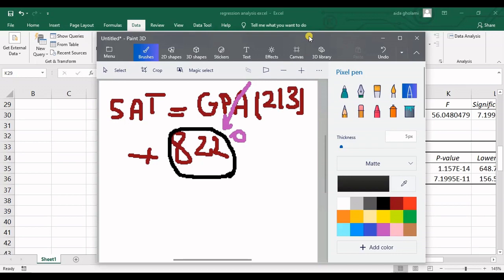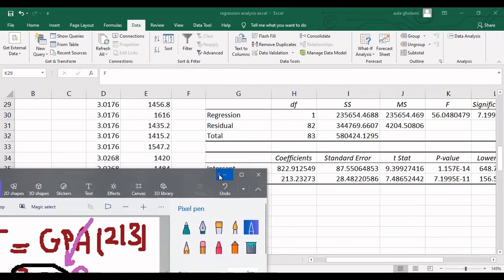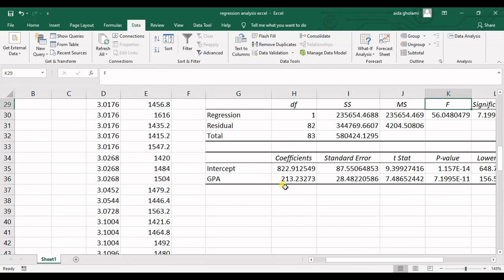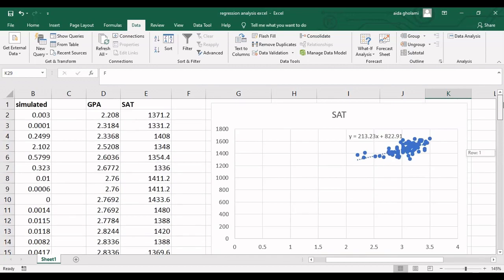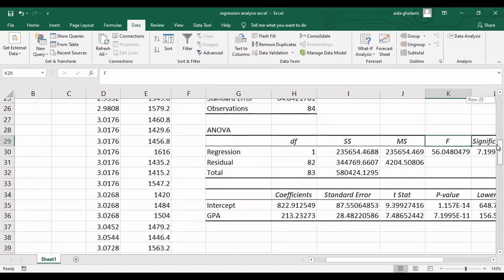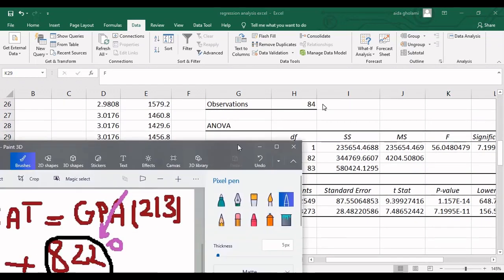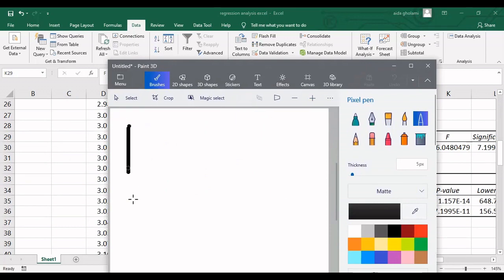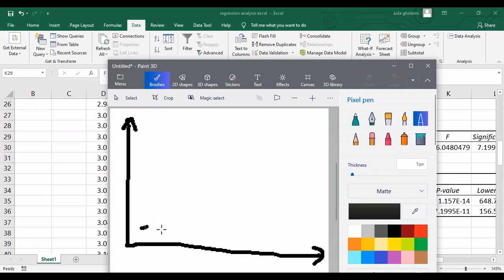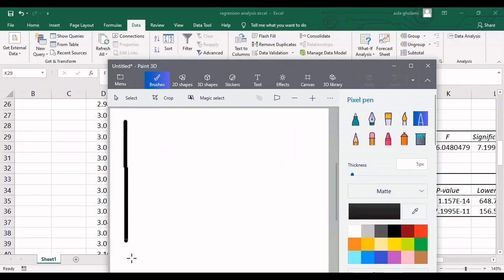So the other thing I wanted to mention here is that this GPA coefficient can also be interpreted as the slope of this line. So graphically, we know that we have a regression line. Okay, let's get another one.